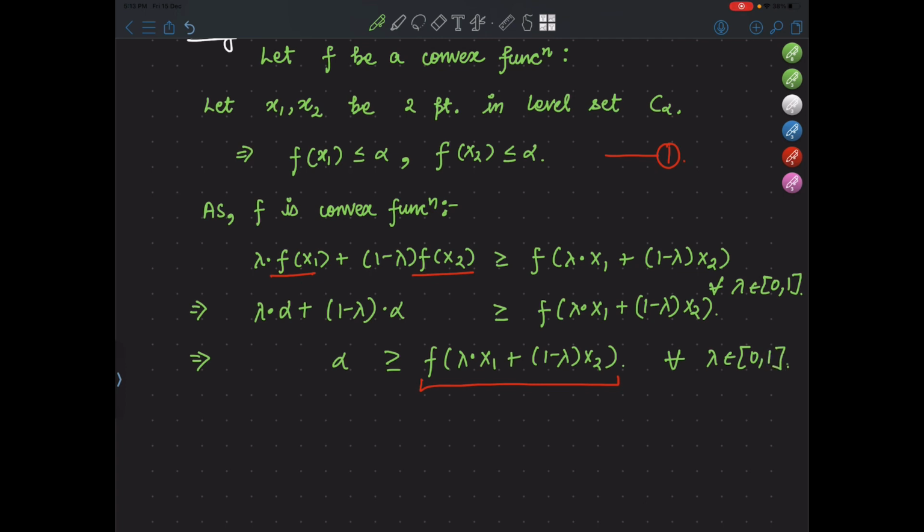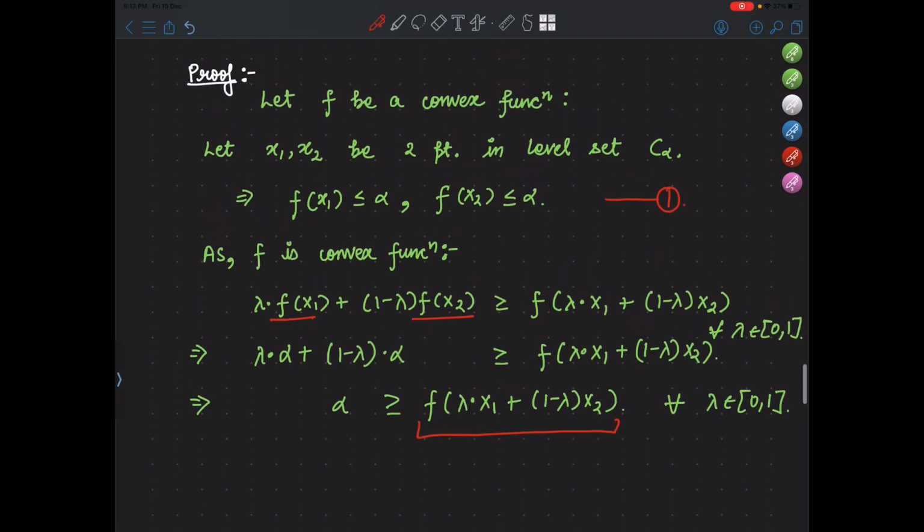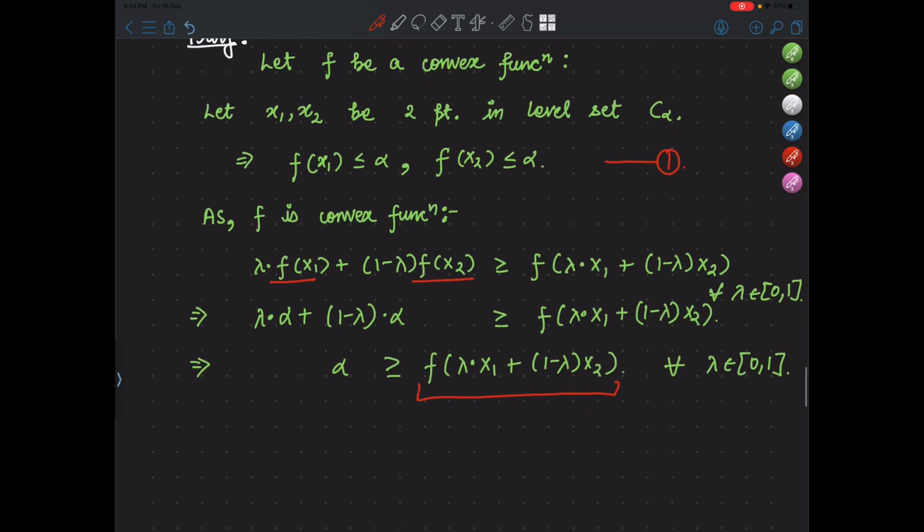So this is a functional value of all the points which are on the line joining x1 and x2. All the points between x1 and x2 on the line are also a part of C alpha, because they follow this property.